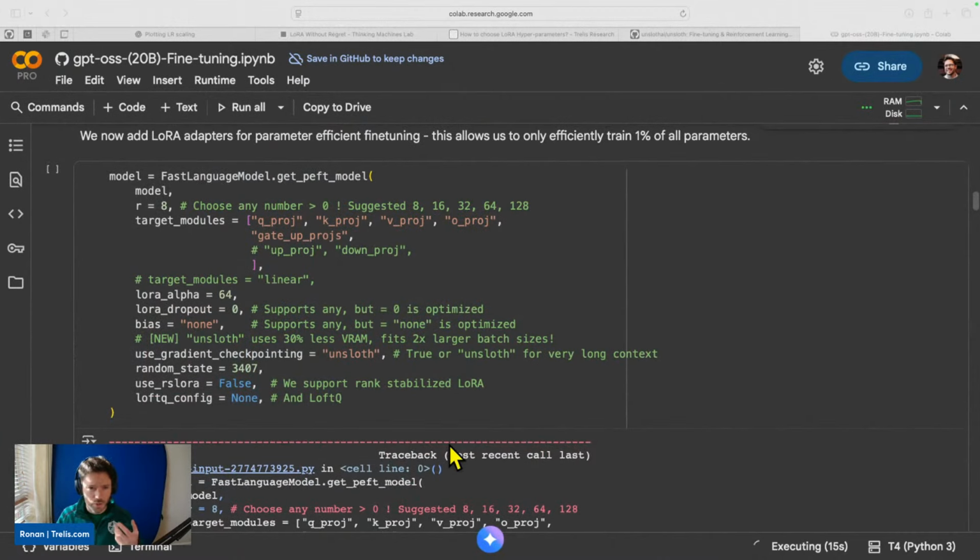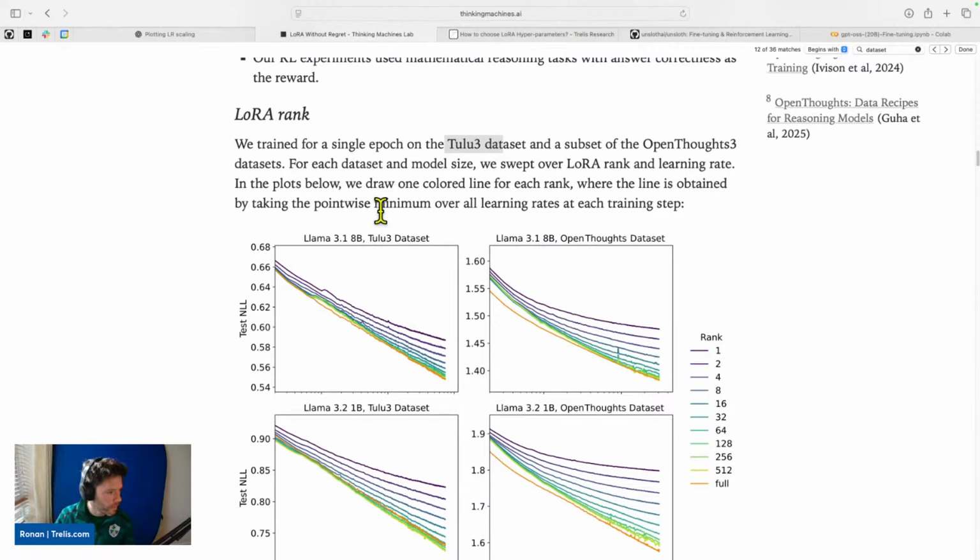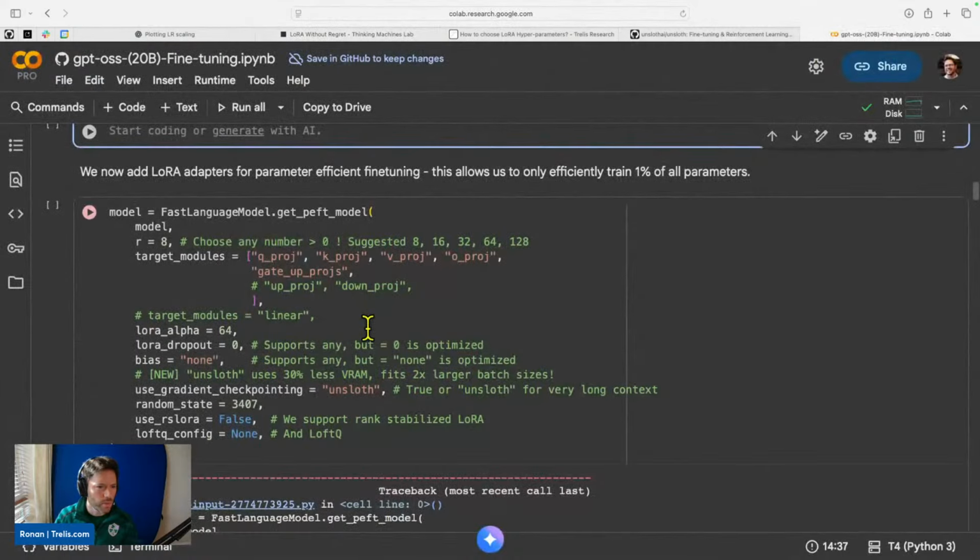And can I find it? I don't remember it off the top of my head. Yeah, they're using Tulu 3 and Open Thoughts. I think Open Thoughts they're using for reinforcement learning, and probably they're using Tulu too, because Tulu has got reinforcement learning within it. Okay, let's see if the model reloaded.